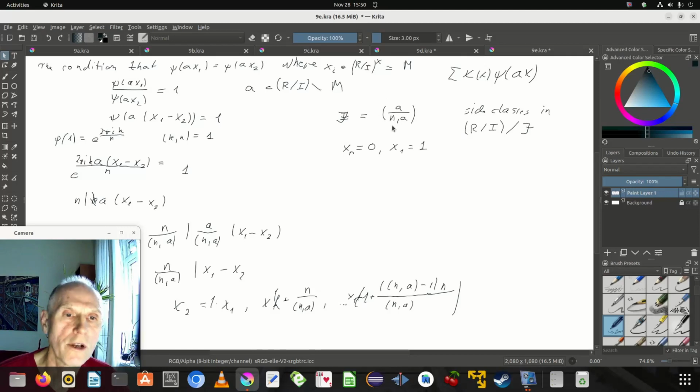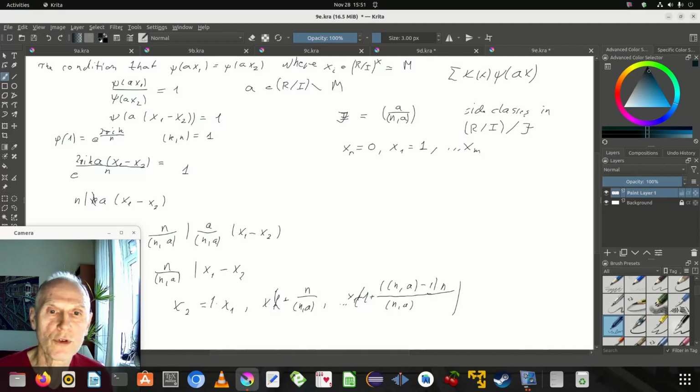So this is not 1. They are distinct. And then we carry on choosing representatives up to xm. So there are, we assume, m side classes.